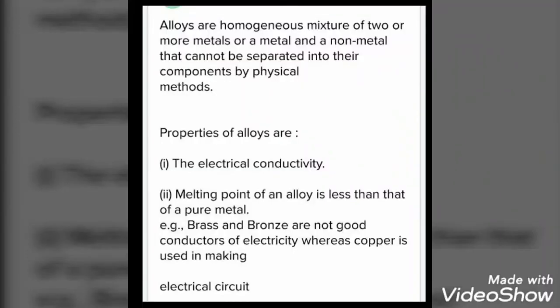So, we can now define an alloy as a homogeneous mixture of two or more metals or a metal and small amounts of non-metals. For example, brass is an alloy of two metals, copper and zinc, whereas steel is an alloy of a metal and a small amount of non-metal, that are iron and carbon.